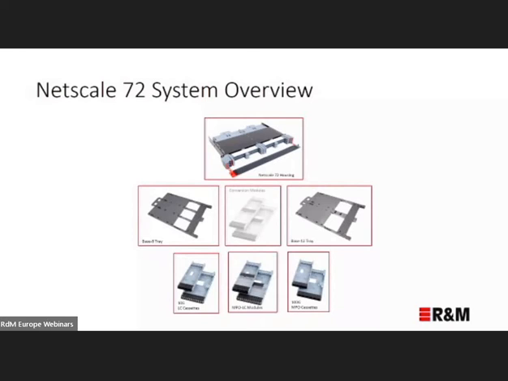This is very interesting because previously the Netscale family was just for pre-terminated connections. Thanks to its port capacity and modularity, it has an advantage over the very well-known Unirack 2.